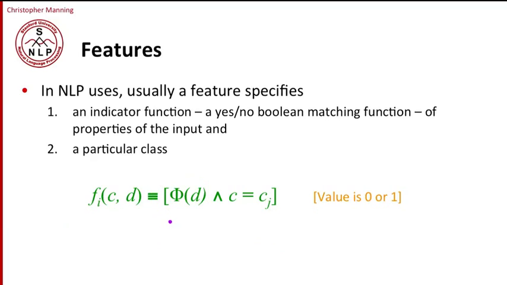A lot of the time we'll think in terms of these phi d features, but you should remember that the actual math and programming we write is going to be working in terms of these fi features, where this I index is particular to both matching a data predicate and some particular class.